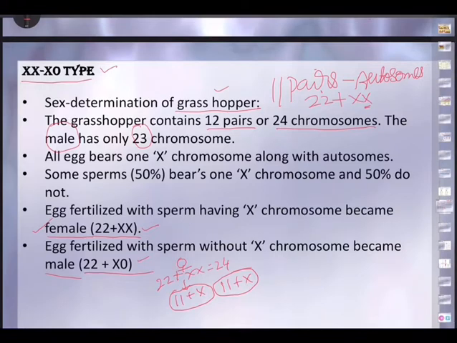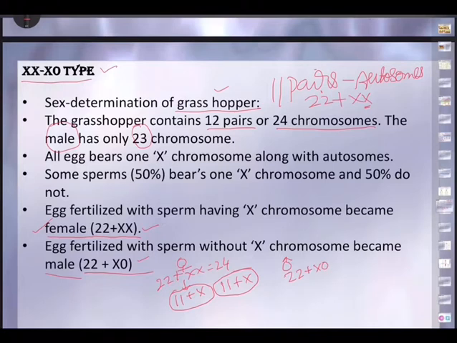So this is the combination of chromosomes in one egg, 11 plus X, and in another also 11 plus X. So there is no variety as such. All the eggs will have this combination, 11 plus X. This is in the case of a female.